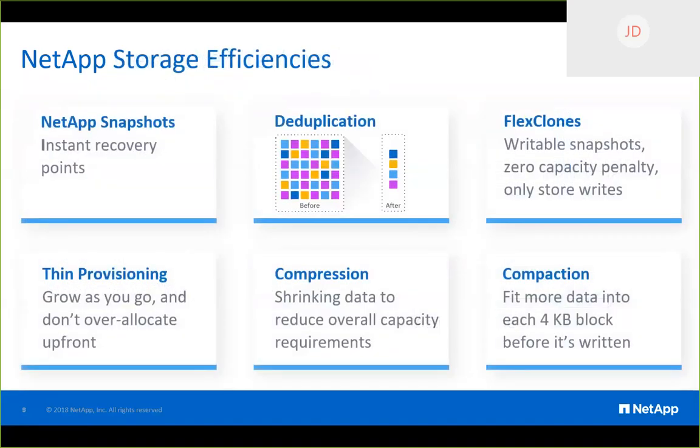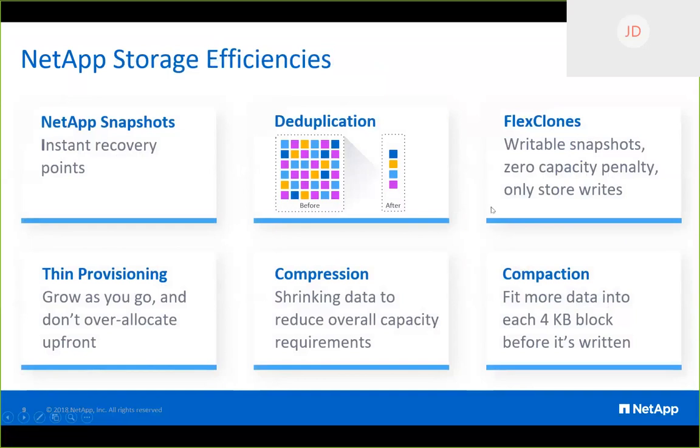Now, ONTAP also has storage efficiencies that save you space. These are really useful, especially in the world of cloud, where your storage capacity is really at a premium. So we already talked about snapshots and FlexClones, but it's worth just mentioning that ONTAP supports block-level deduplication. So we're not just deduping the files on your system.